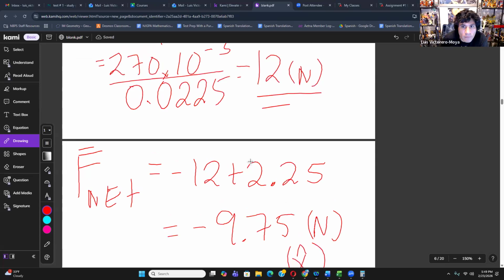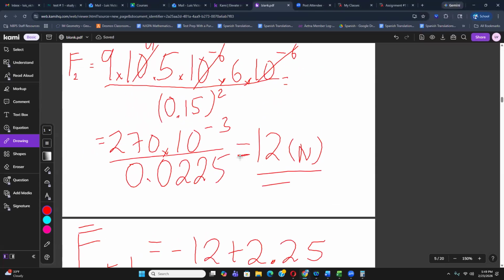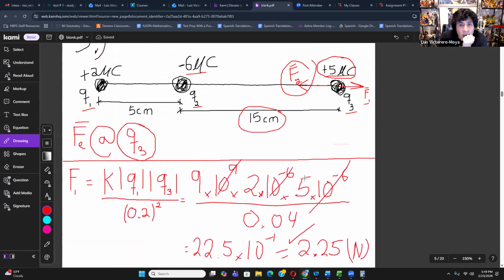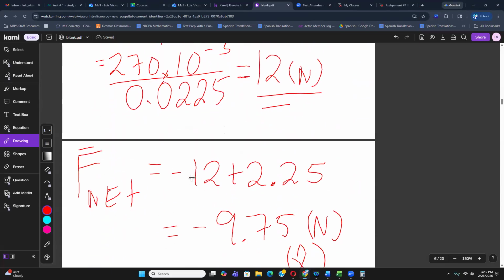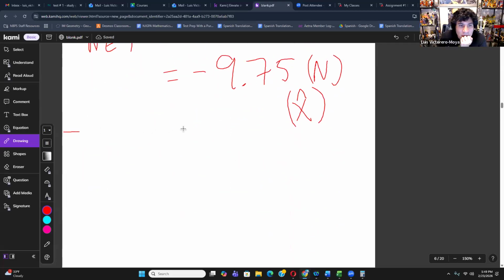Yes. Left means negative, right means positive. If both of the forces point towards the left, you have to add them, so both are negative: negative 12 minus 2. I think that's what we have to review.